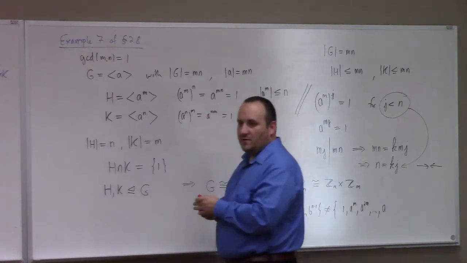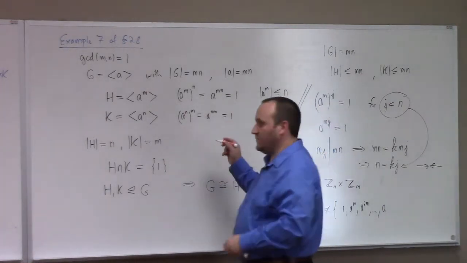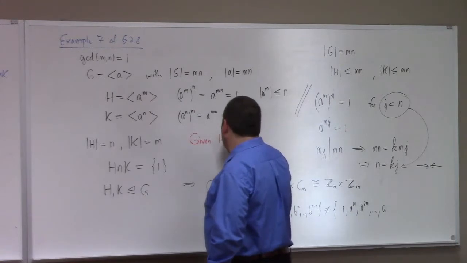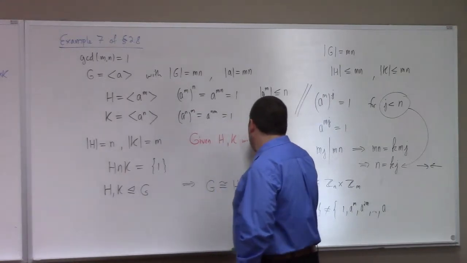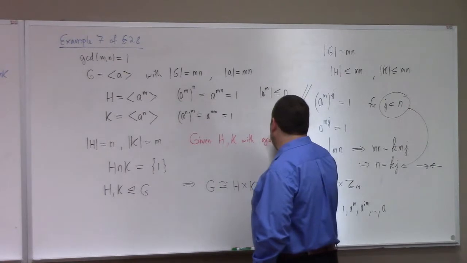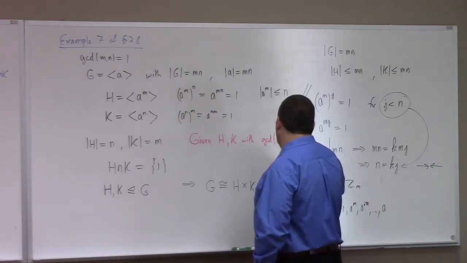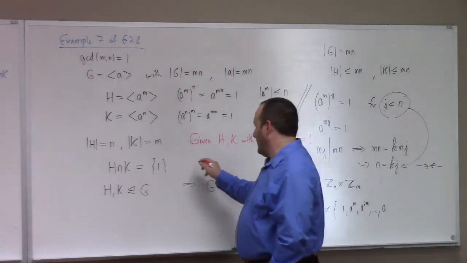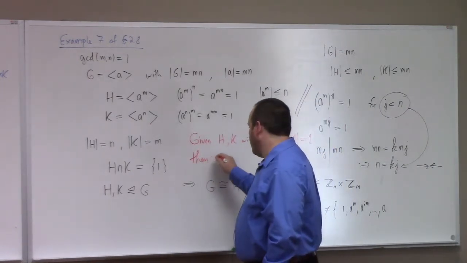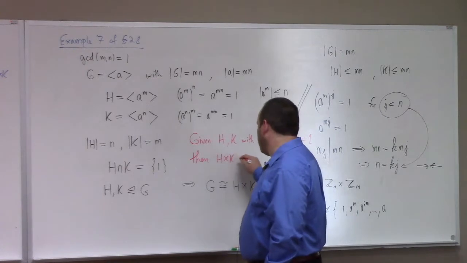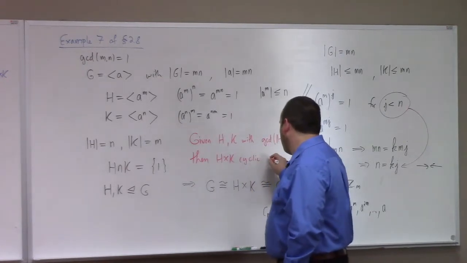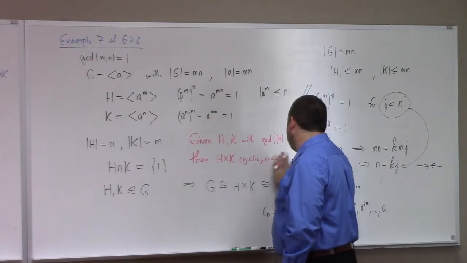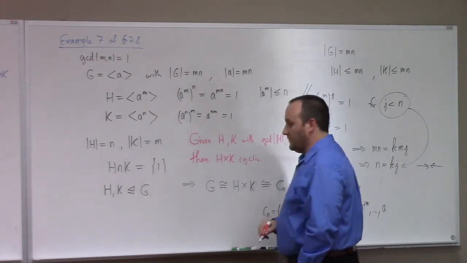In your homework before, we had, given H and K with the greatest common divisor of the order of H and the order of K equal to 1, right? Then you proved that H cross K is cyclic, of order mn. That was your homework problem you proved before.